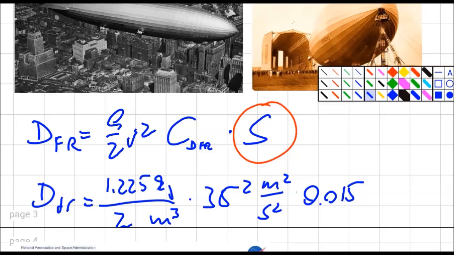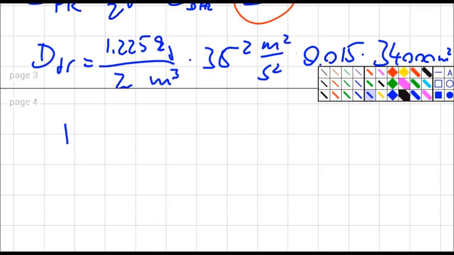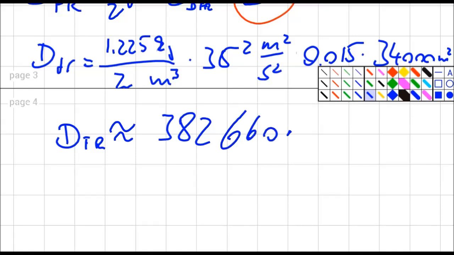It's a small number, no dimension because it's just a coefficient. Times, and now is the big multiplier, 34,000 square meters. Now the result of this one is roughly 382,660 Newton, or roughly 383 kilonewton. That's an incredible big number, and that in fact limited the speed of that craft to 125 kilometers per hour.